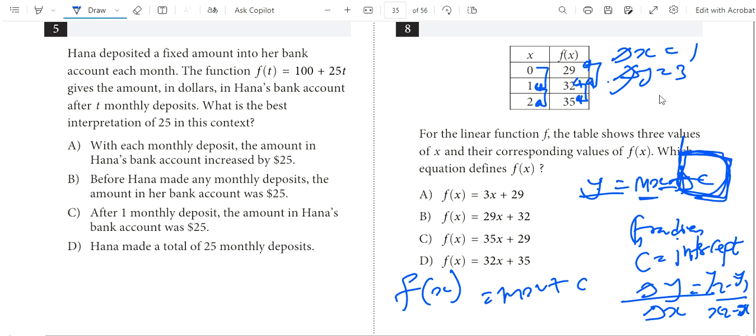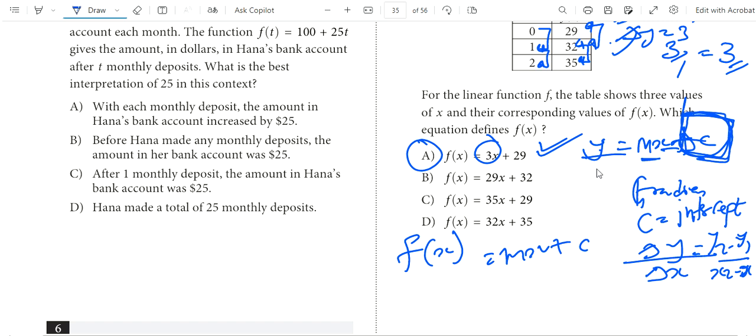So my gradient would be 3 over 1, which gives 3. We can easily pick that out from our options, as option A is the only one with a gradient of 3x. So this is the most accurate or closest to representing that expression. Just to confirm, the intercept is 29.